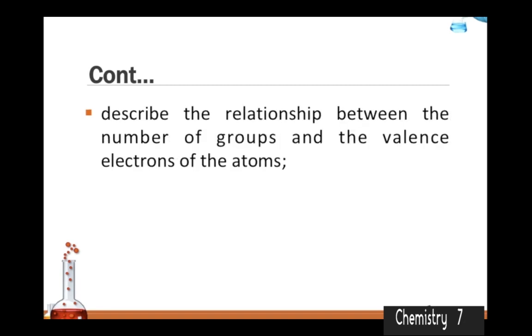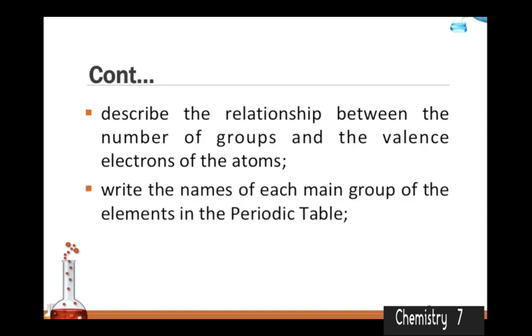Describe the relationship between the number of groups and the valence electrons of the atoms. Write the names of each main group of the elements in the periodic table.